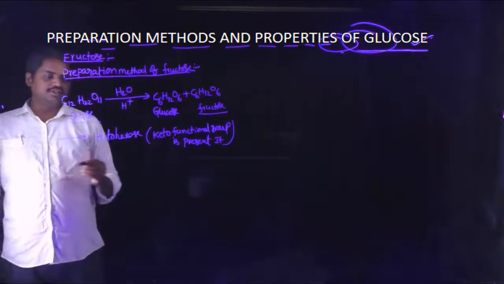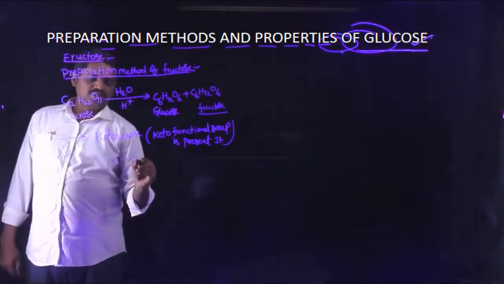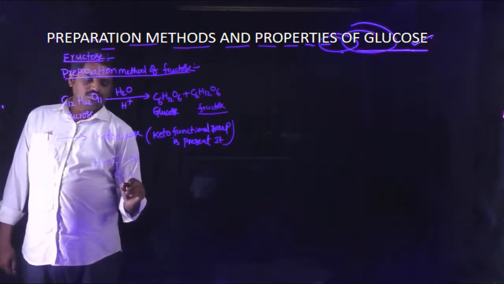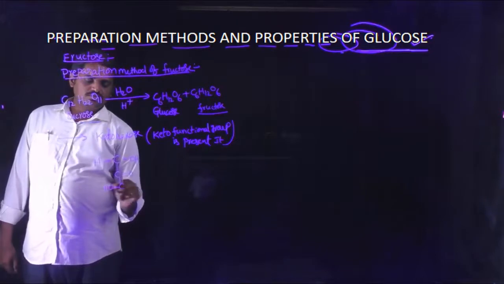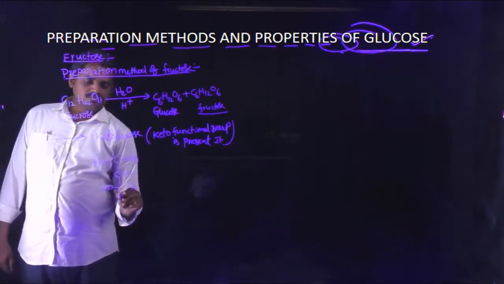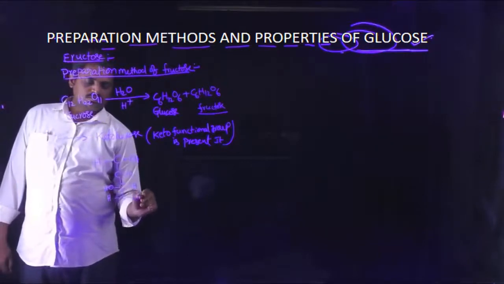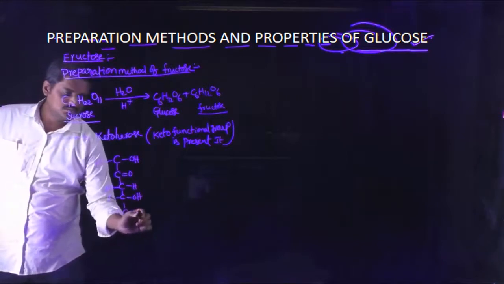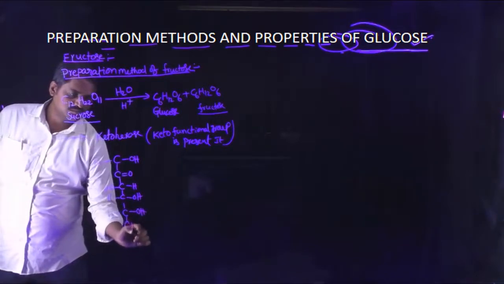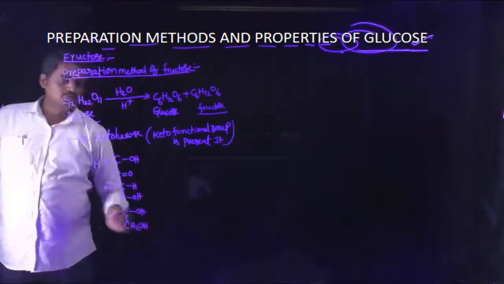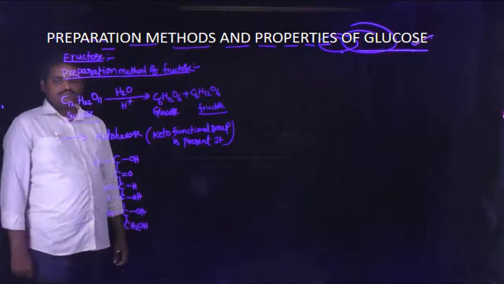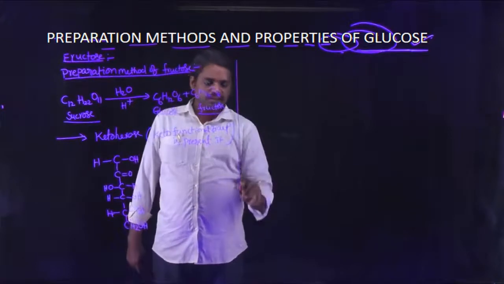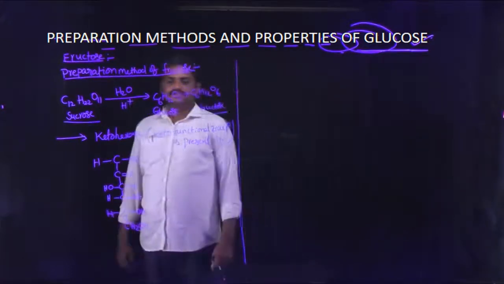So this is the structure of fructose. Only one keto functional group is there.